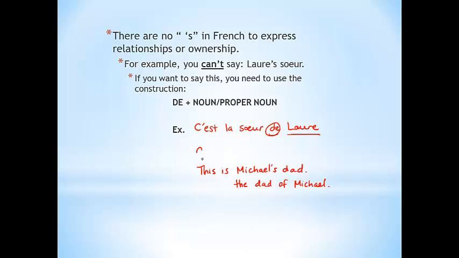Okay, so c'est le père de, and Michael in French would be Michel, but we're just going to put Michael in here. Okay, c'est le père de Michael, Michel. Okay, so whoever's doing the possessing comes after that de.